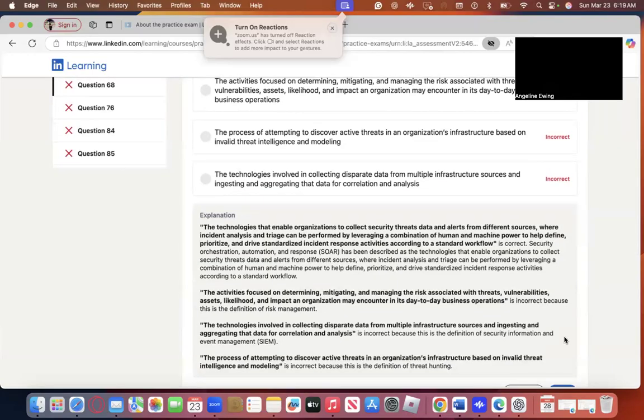The definition of SIEM is the technologies involved in collecting disparate data from multiple infrastructure sources and ingesting and aggregating that data for correlation and analysis. Finally, the definition of threat hunting is the process of attempting to discover active threats in an organization's infrastructure based on valid threat intelligence and modeling.